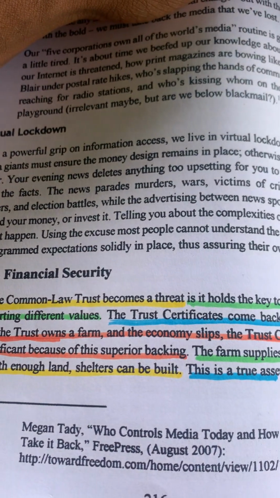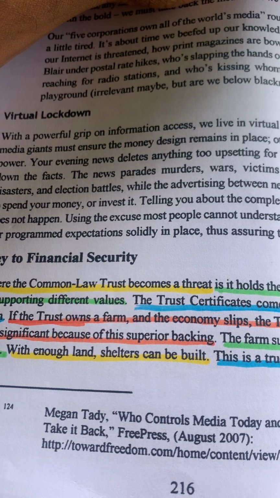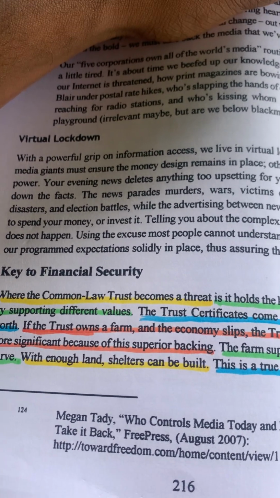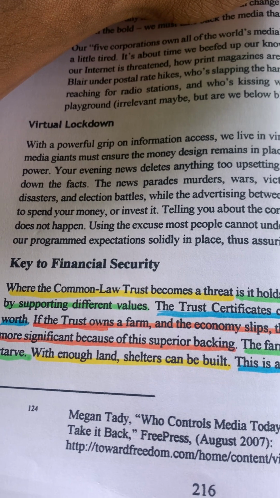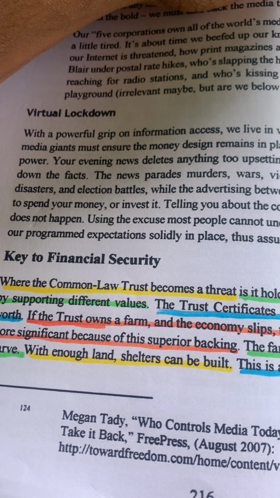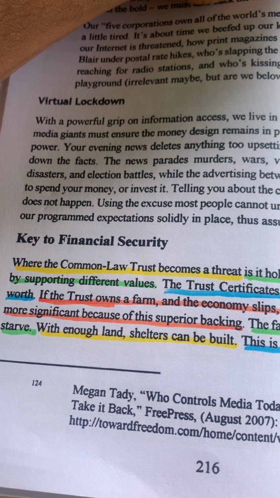The trust certificates come backed by the trust worth. Remember, the trust certificates are the TCUs, the trust capital units. Instead of United States dollar, you have trust capital units. The trust would be considered what is backing it.